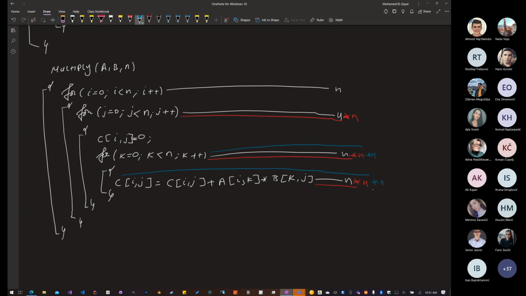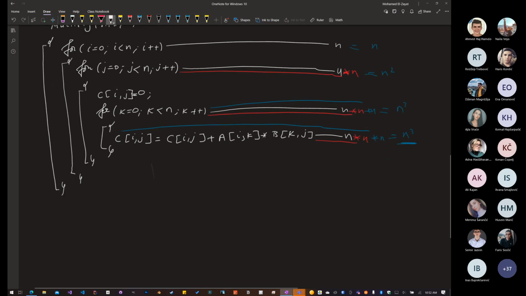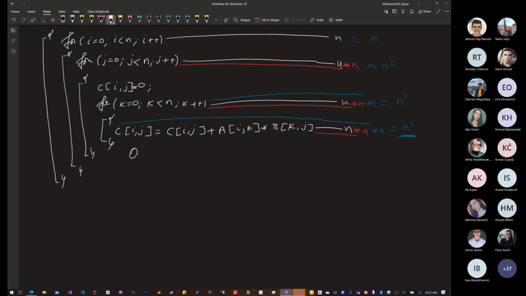This will equal n to the power of 3, this is n to the power of 2, and this is n. We can add these all up, but instead of summing things up, you can simply approximate and say this is the highest order. So the order of this function is O of n cubed.